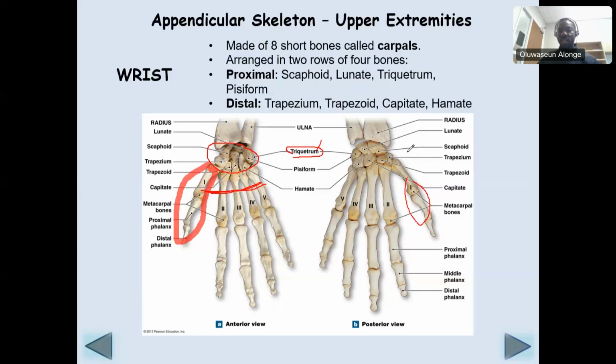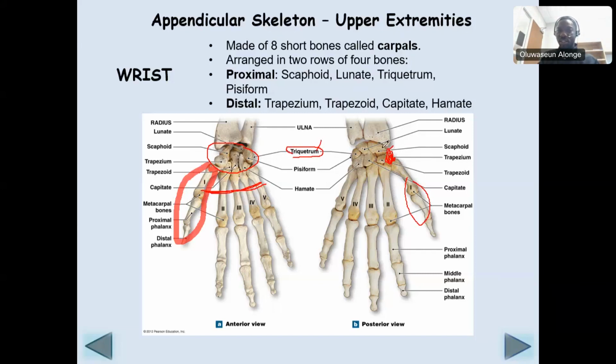Now, if you look at this, this is the right hand, right? So on the right hand, the medial one is going to be the trapezium. If you stand like this, the trapezium is closer to your body than any other bone. So this is what is closer to your body.